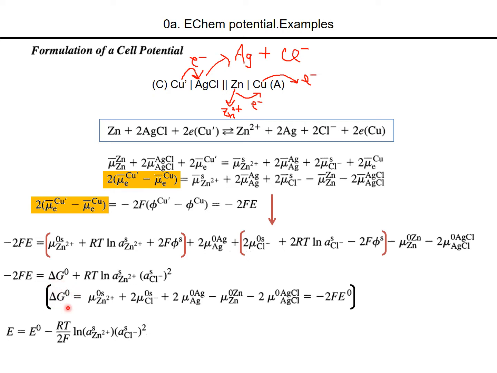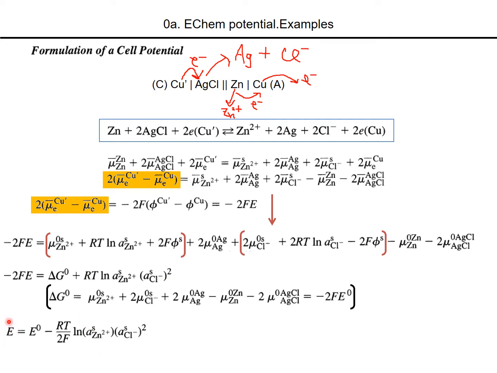And also, this standard Gibbs free energy change goes to the electric potential term, like my standard electric potential term, minus 2FE0. Then this is going to here, and the other term is the product of activity in a log function with RT. So finally we have obtained this one.